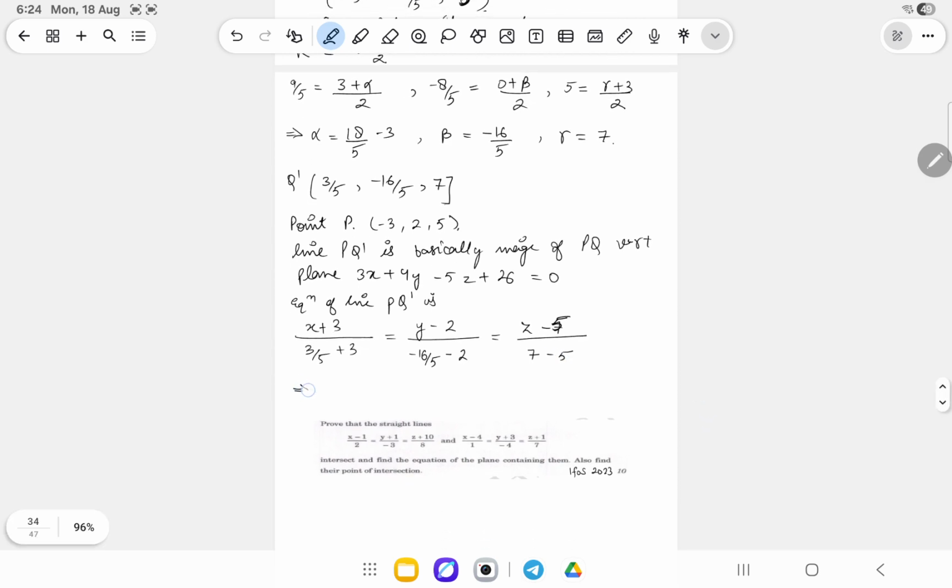On simplifying it, I will get (x plus 3) upon (5 threes are 15 plus 3, 18 by 5) equals (y minus 2) upon (minus 26 by 5) equals (z minus 5) by 2.